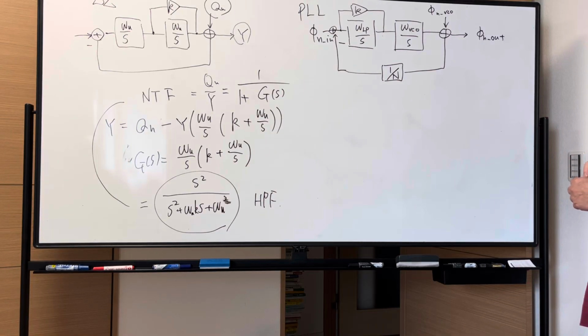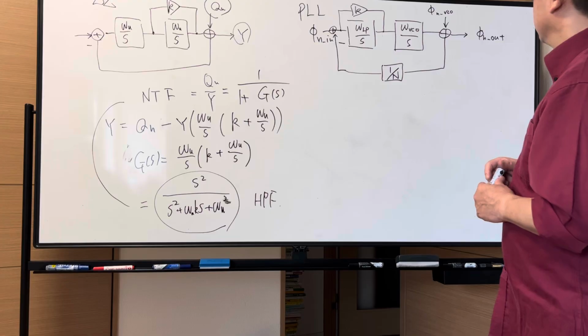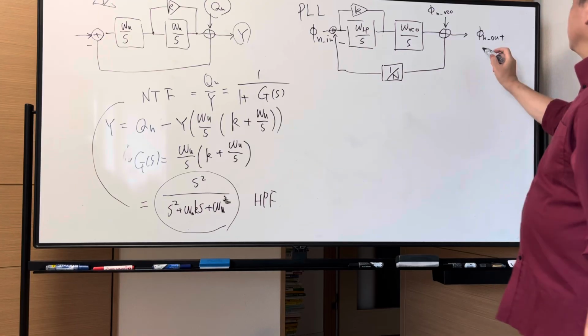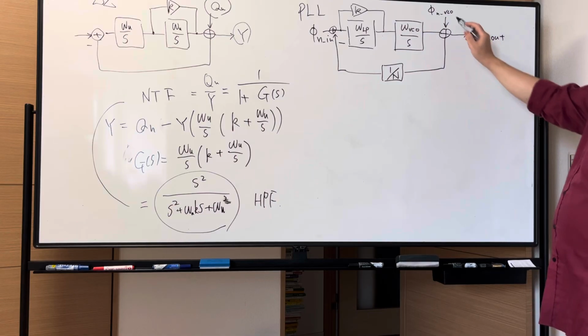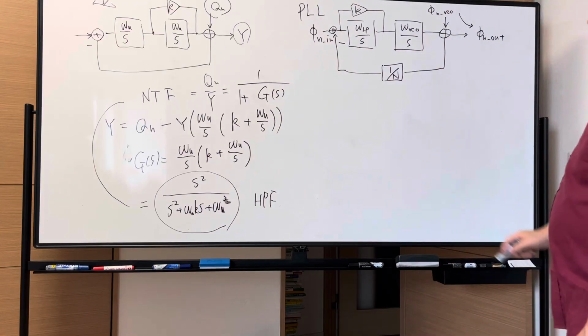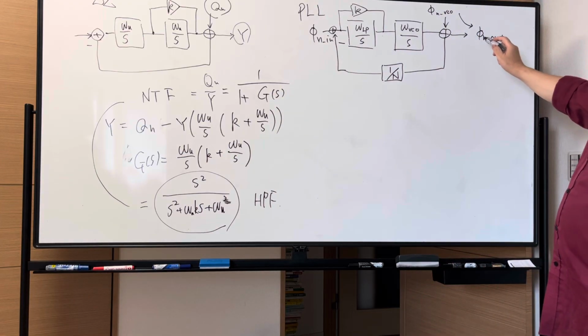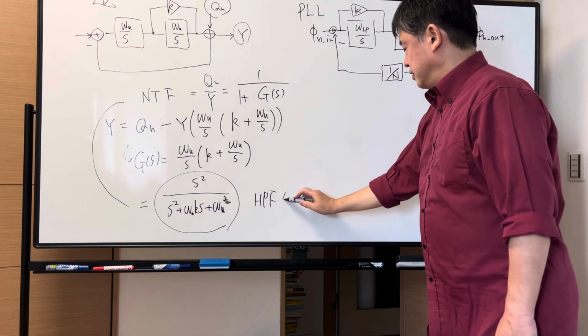For simplicity, in this simple block diagram, we can generate the transfer function from phi sub n VCO to phi sub n out. Likewise to Qn over y, phi n out over phi n VCO is written as a high pass filter.